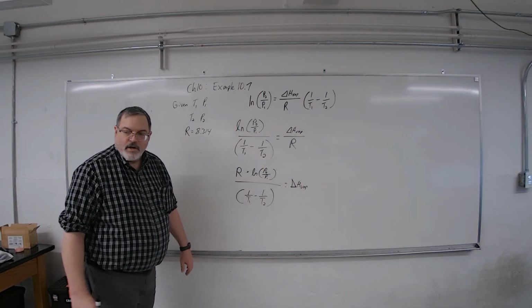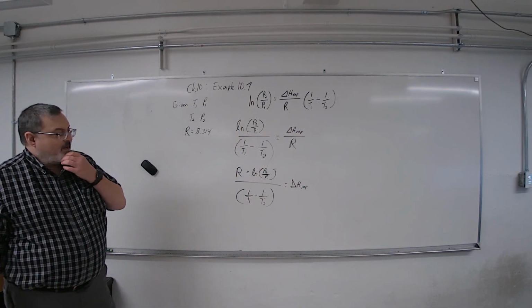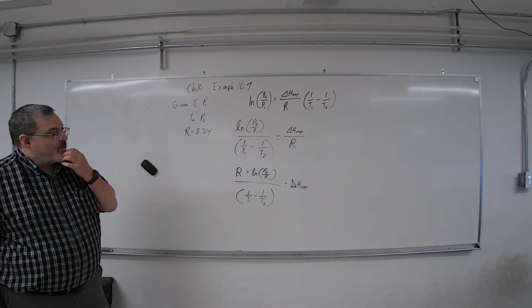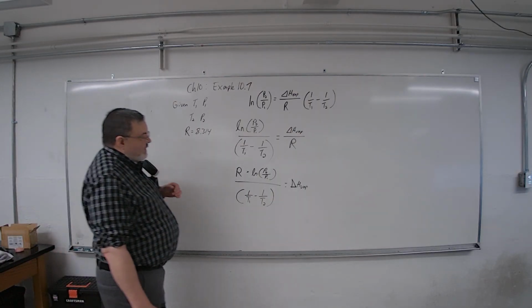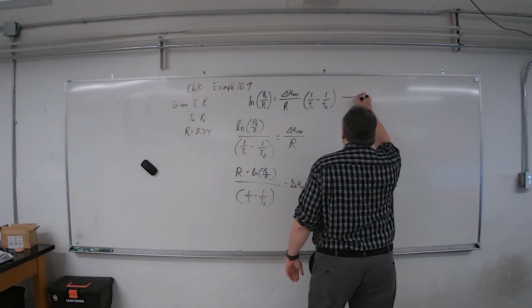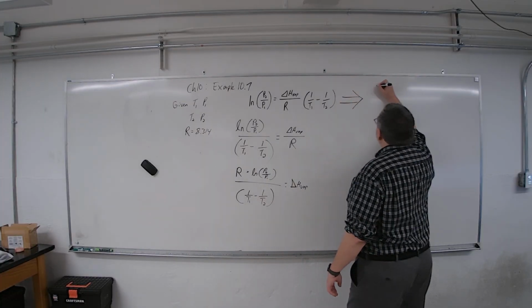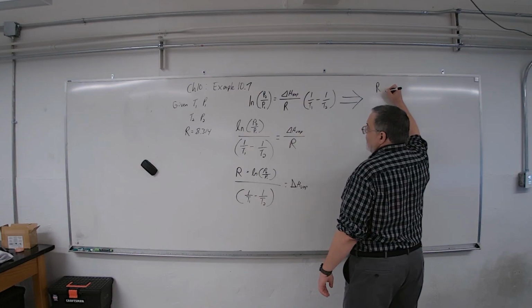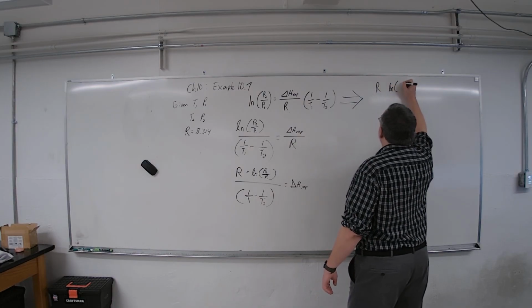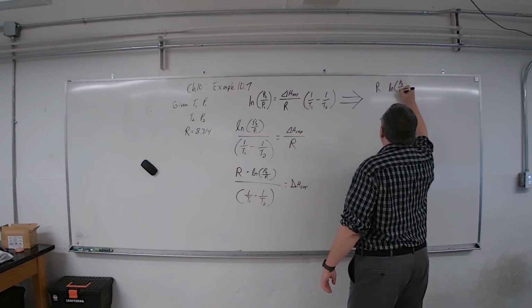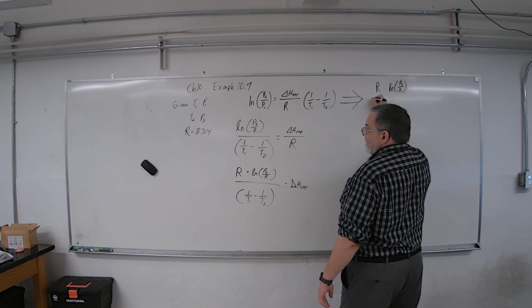Anyway, this is the equation we want to use. And from here, it really is just plug and chug, but I'll take you through it. So we're going to use R times natural log P2 over P1.